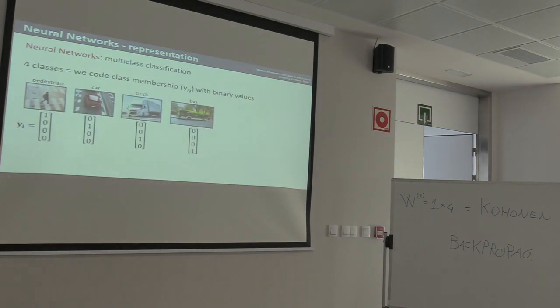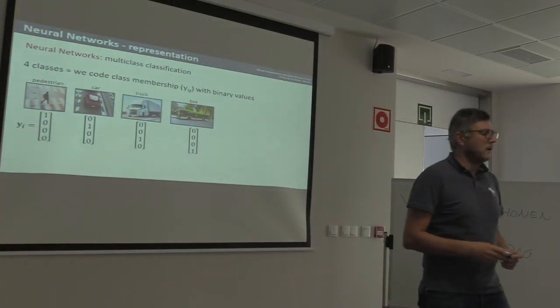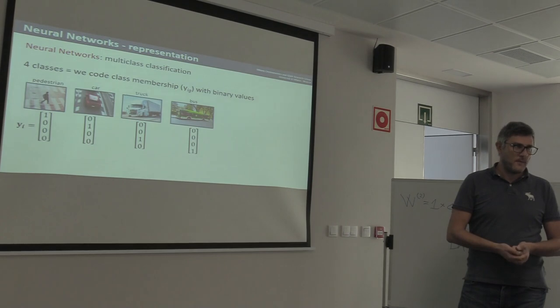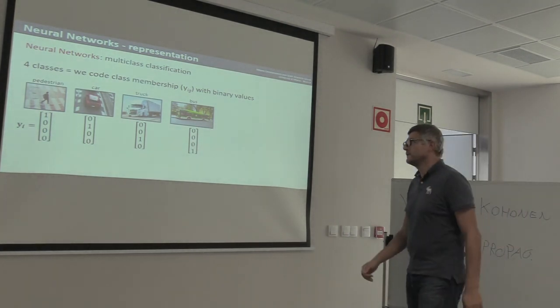So how can we use this for doing classification? I said that this type of neural network, back propagation, is used mainly for supervised modeling, and it is used a lot for classification.